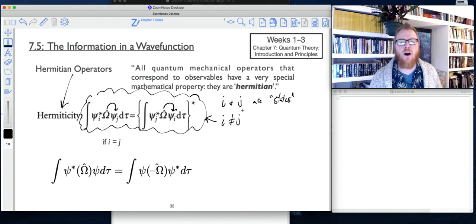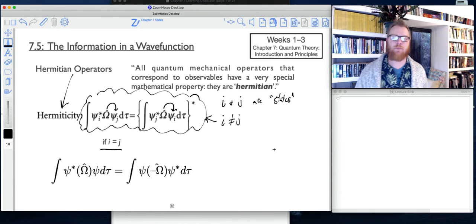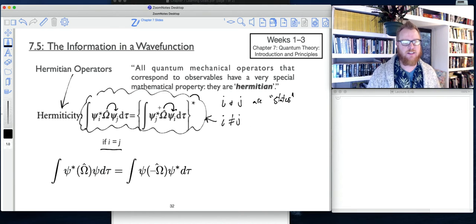Now we are only going to very rarely see this i not equal to j situation. What is much more likely is the case where i equals j. In other words, we're talking about one state. So in this definition of hermiticity, i not equal to j would be two different states.